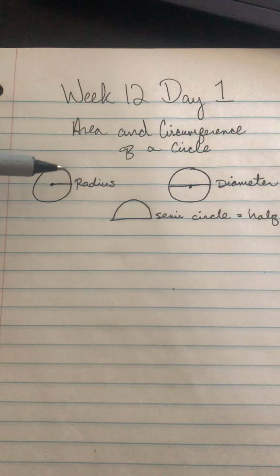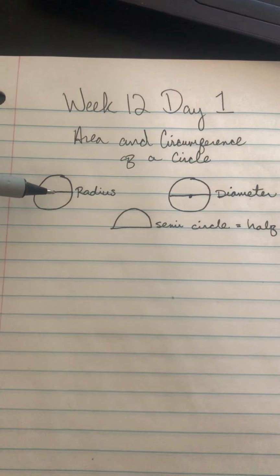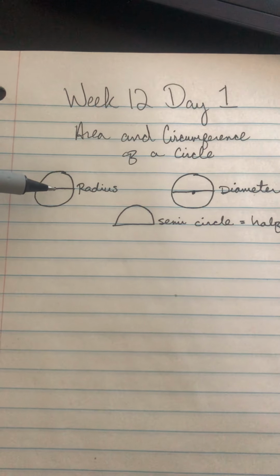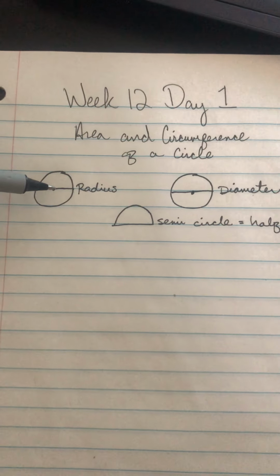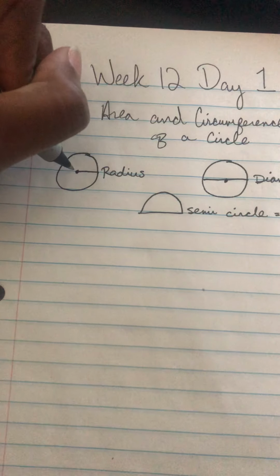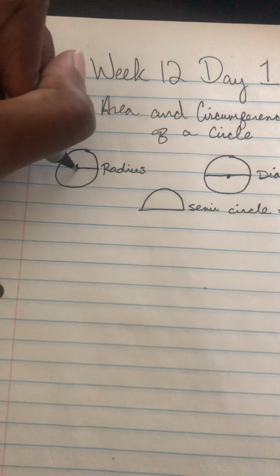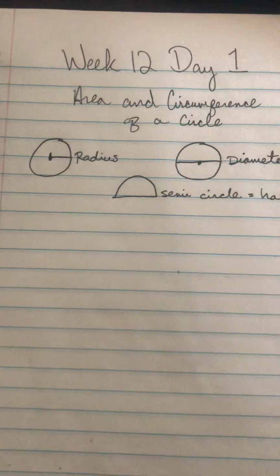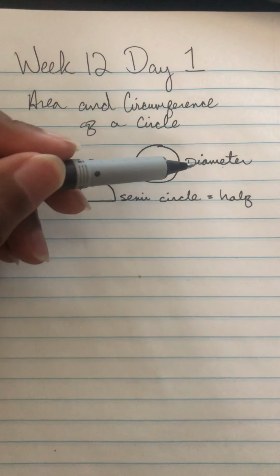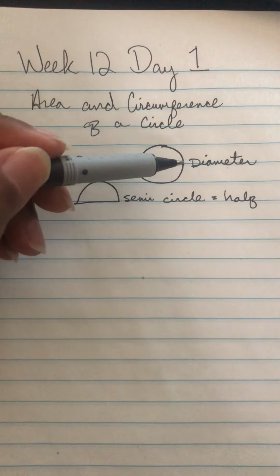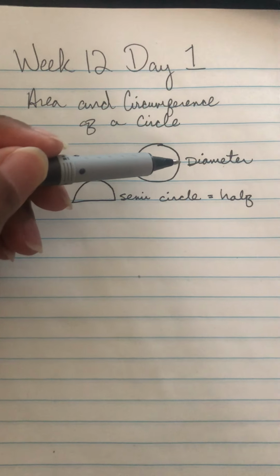So here you see that we have the radius, right? The radius extends from the center just halfway. The radius is always half of the diameter. The diameter extends from one end of the circle to the other end through the center.